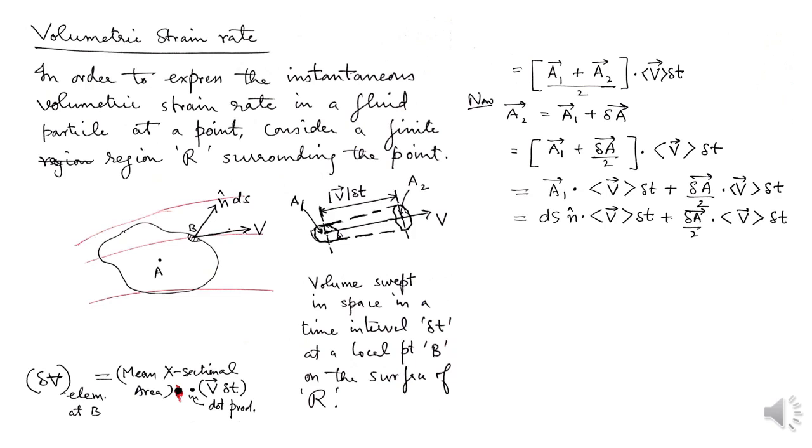Our original area A1 was the differential area at B that we had considered, so it is written as dS n cap, since it is treated as a vector: dS n cap dot mean velocity delta t plus delta A by 2 dot mean velocity delta t.